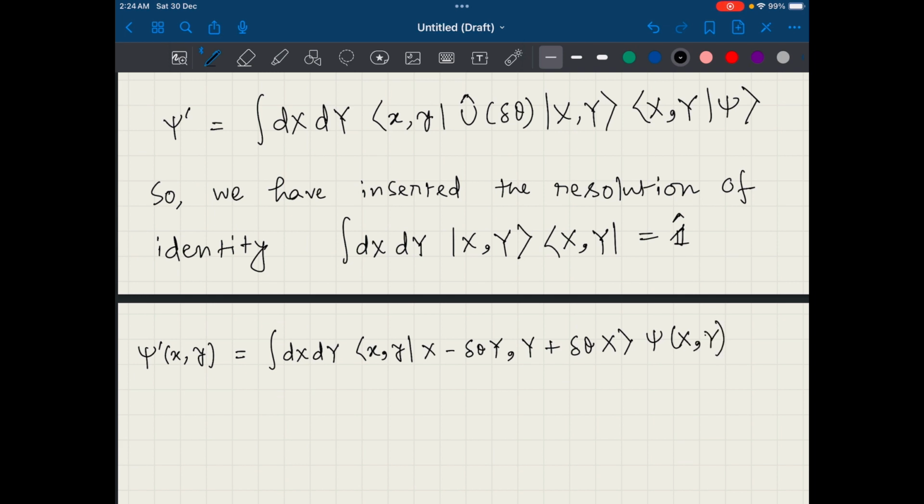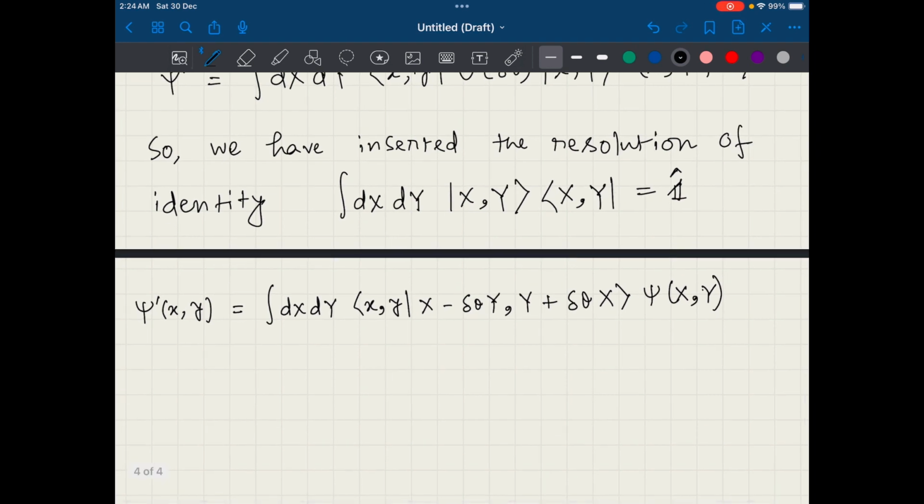Okay, now we want to make a change of variable.